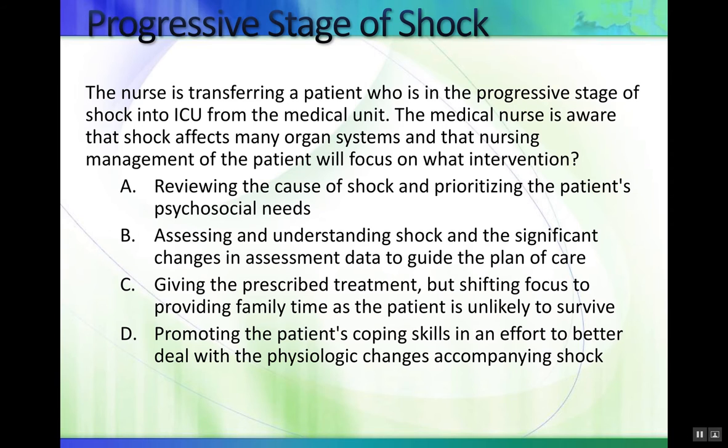Oftentimes they're going to need mechanical ventilation, which is why this person's probably getting transferred to the ICU. You're going to hear crackles. You're going to have decreased blood flow to the lungs. So that patient's going to have CO2 levels that are going to be increasing and their oxygen levels are going to be decreasing. So they're going to need supplemental oxygen. Like I said, oftentimes they're going to have that via mechanical ventilation.